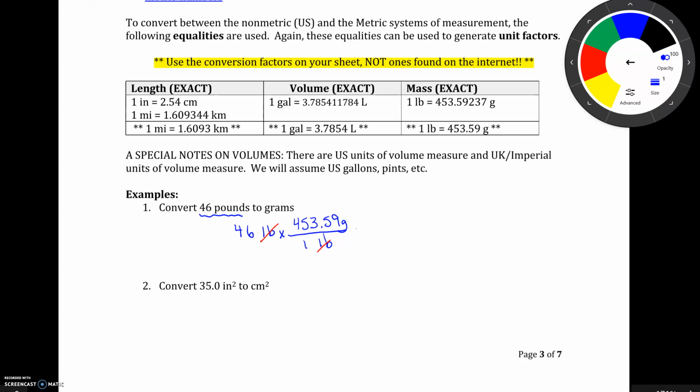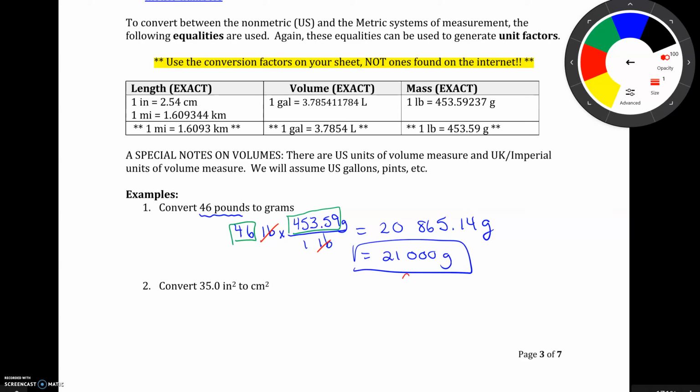When I go to my calculator, I'm going to put in 46 times 453.59. When I do the calculation, it comes out to 20,865.14 grams. Looking back at my initial measurement, it has 2 significant digits in it, so I'm going to round my final answer to 21,000 grams, so that my final answer has 2 significant digits, just like my initial measurement.